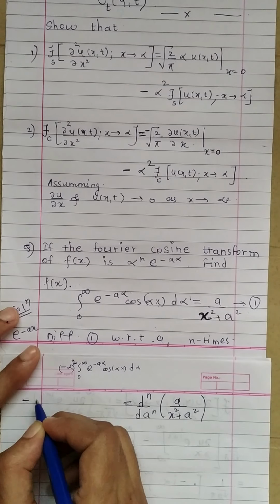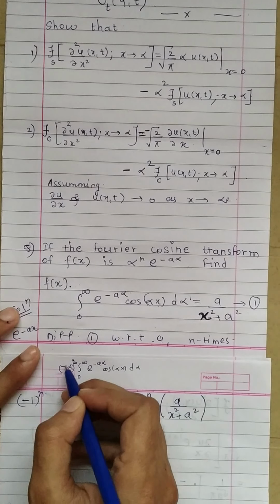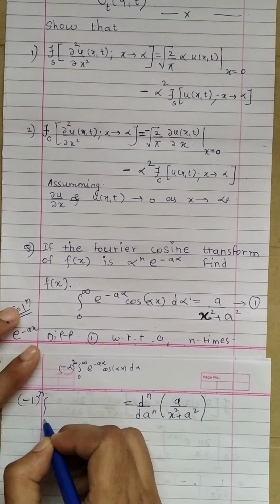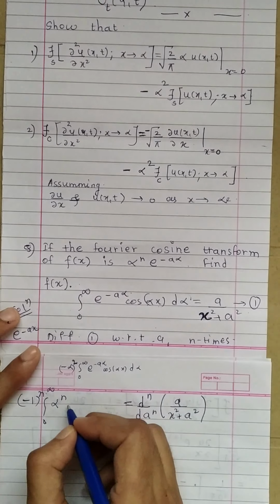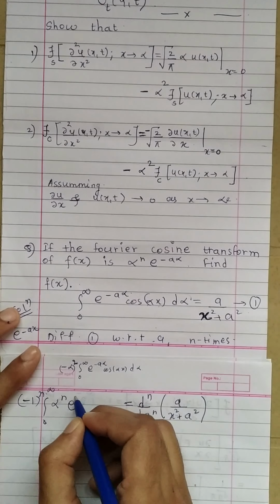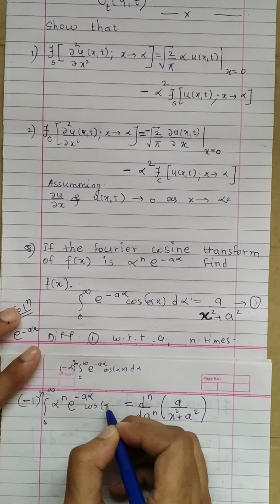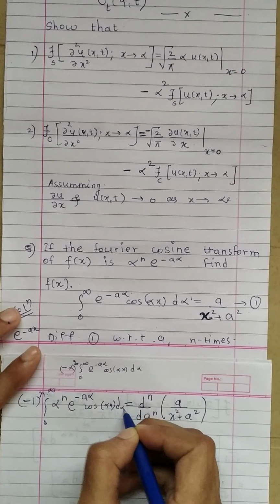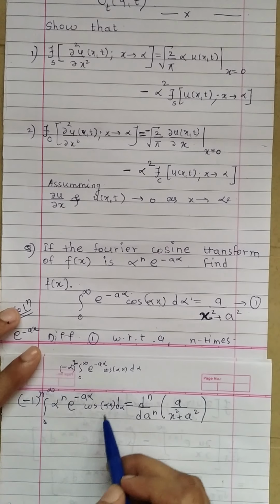minus 1 raised to n, I can take this in integral from 0 to infinity alpha raised to n e raised to minus a alpha cos of alpha x d alpha. Yes, this is what we will get.